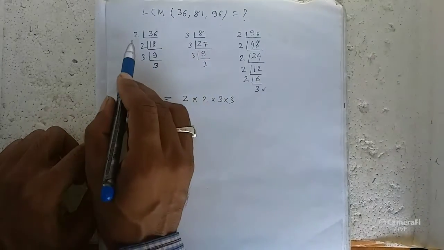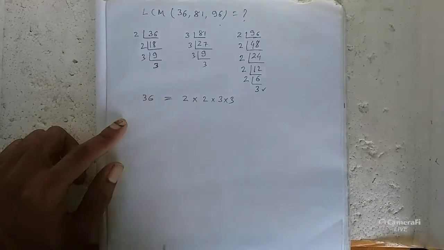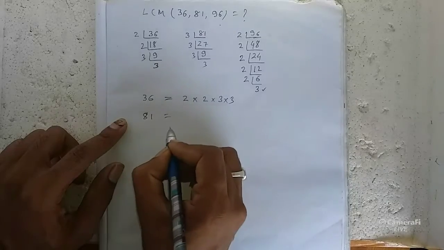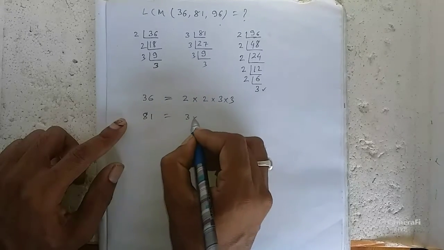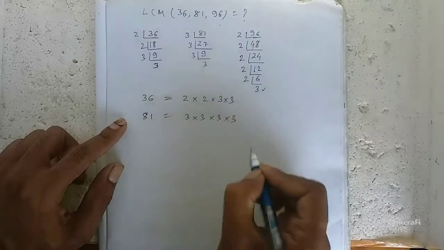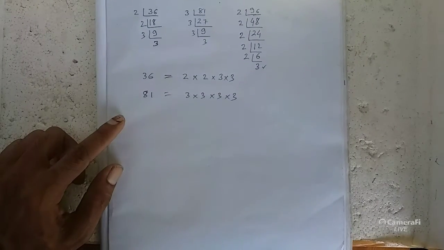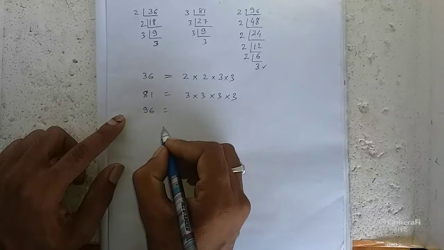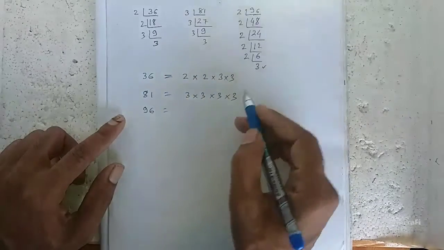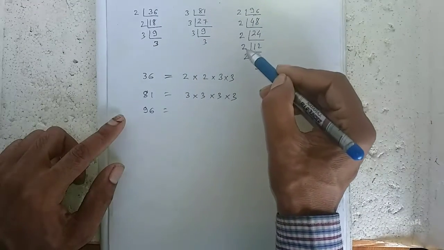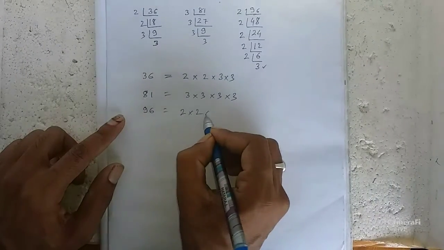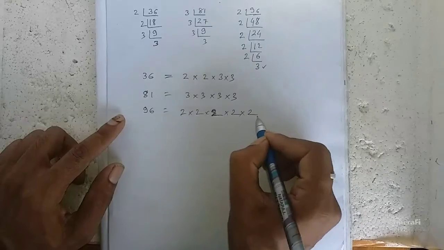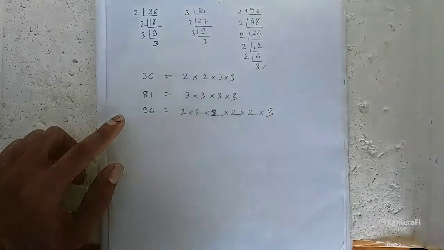First 36 is the product of 2 2 3 3. Next 81 equals 3 into 3 into 3 into 3. Next is 96, equal to the product of 5 2s and 1 3.